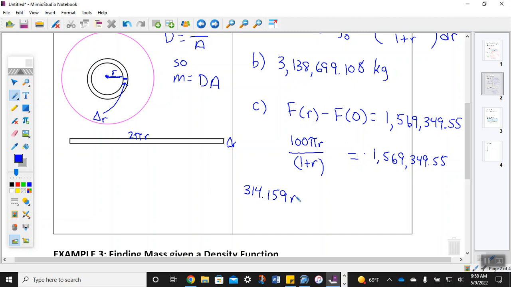I took 100 times pi to get that. That's still this part right here. I'm going to take this 1 plus r times this over here to get that out of here. So watch what this does. What's the 1 times this mess going to be? Same thing, right?